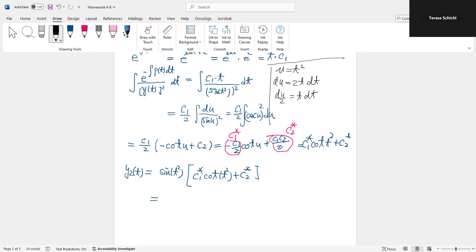So I know cotangent t squared is equal to cosine t squared over sine t squared.